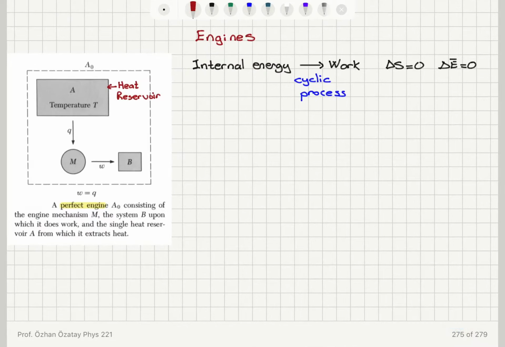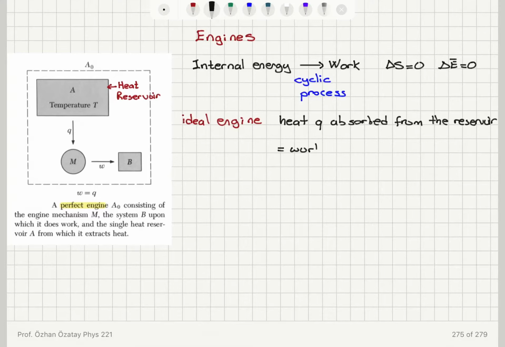So if you have an ideal perfect engine, the heat Q absorbed from the reservoir A must be equal to the work output W. So if Q is equal to W, we have a perfect engine.